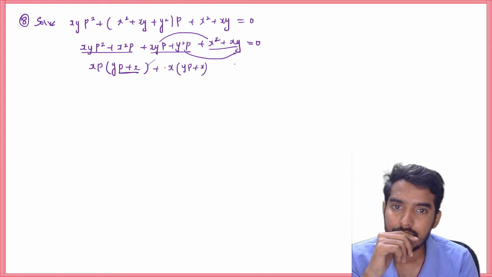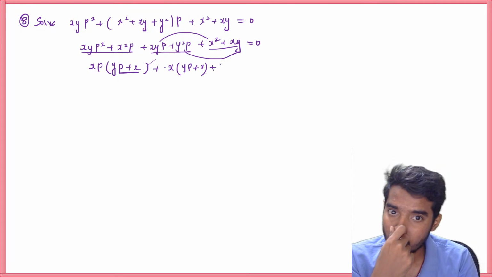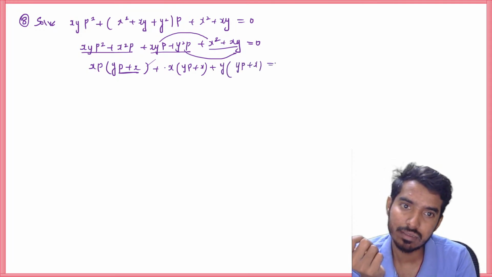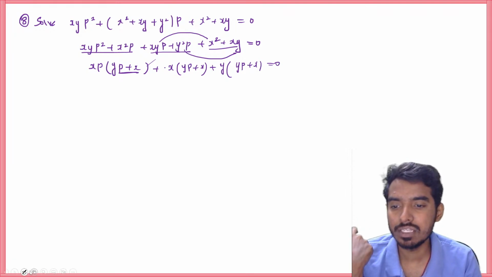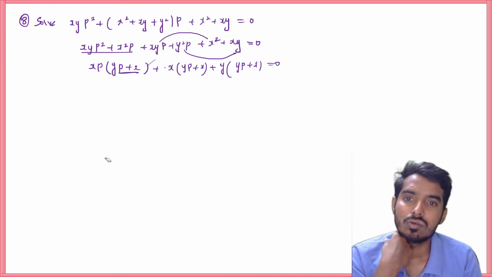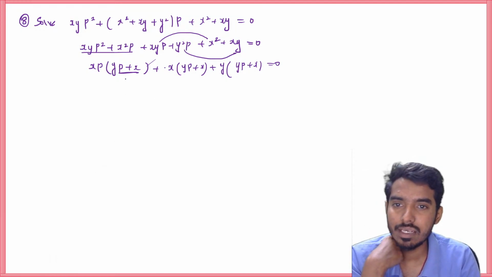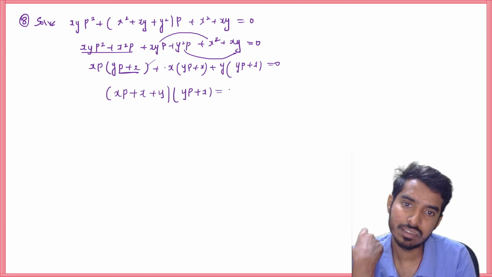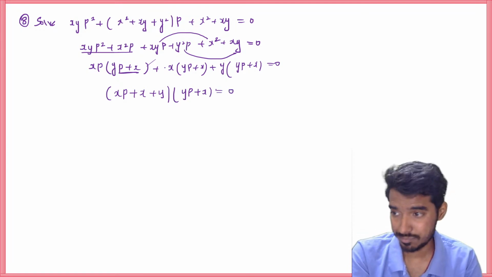And here I take y common, again we will have yp plus x, right? I'm just going to group like this, right? Now you can see yp plus x, yp plus x, yp plus x, and write this as xp plus x plus y into yp plus x is equal, right?